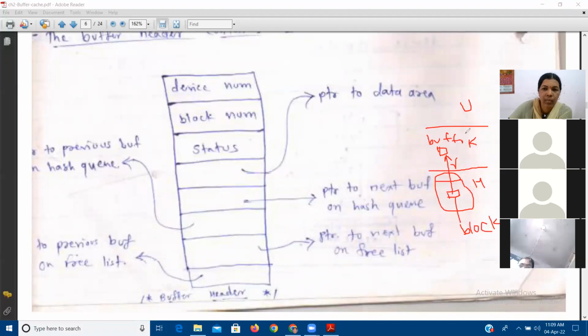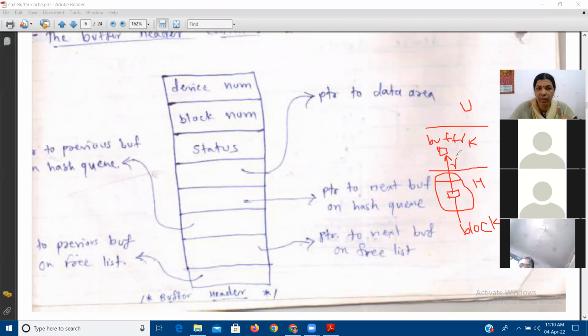We call the buffer temporary memory and the block static memory. The block has some contents that are fixed, and we are reading them at the kernel level in the form of a buffer, right? So this operation we call a read.